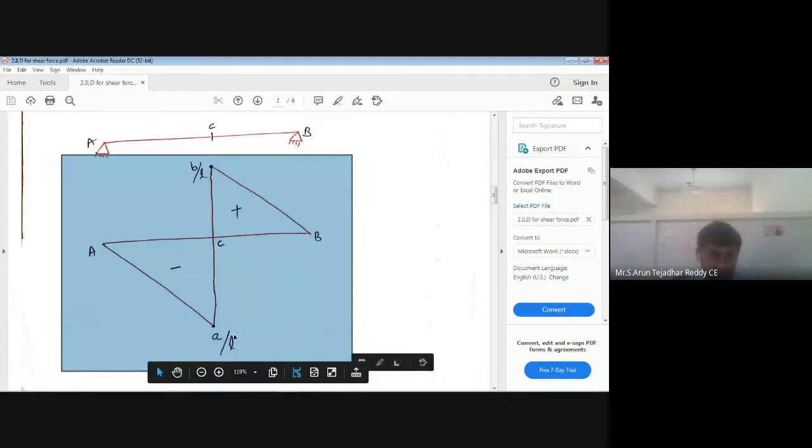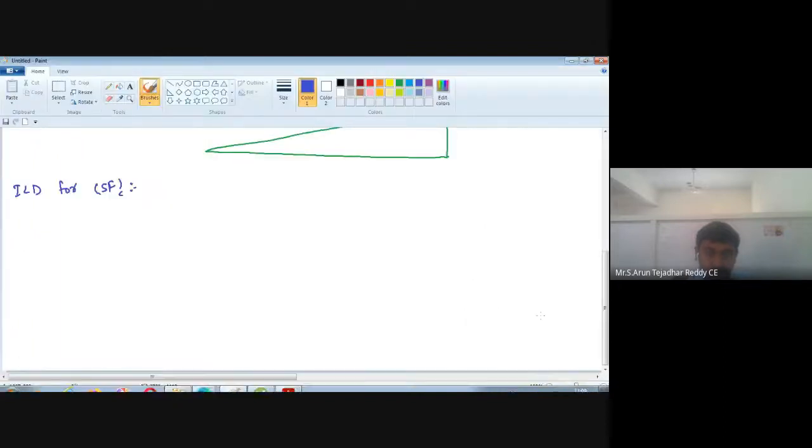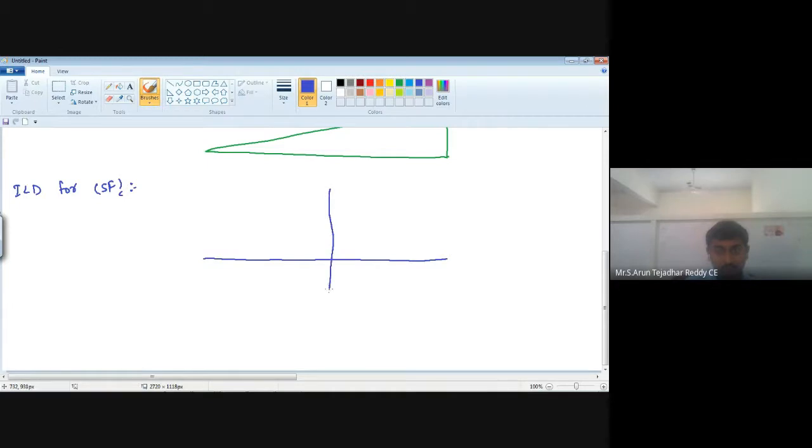Here we got two values: one is minus A by L, the other one is plus B by L. A, B, C. It is minus, it is plus.